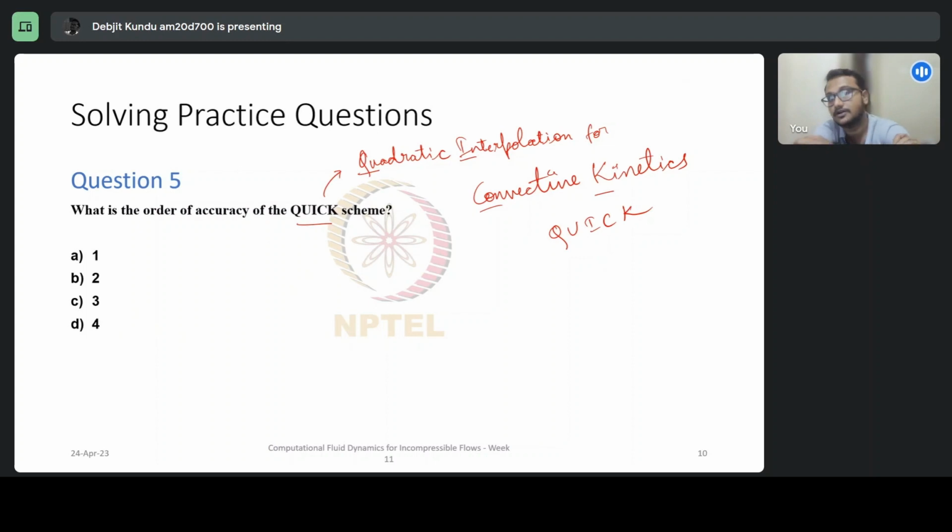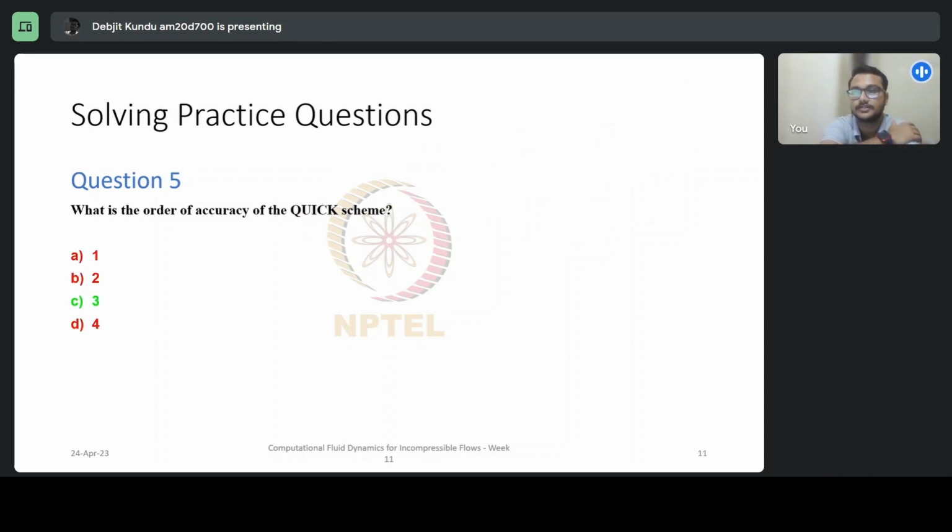What is the order of accuracy of the QUICK scheme? Is it 1, 2, 3, or 4? Let's have a look at the solution. The solution is option C, that is 3, third order.